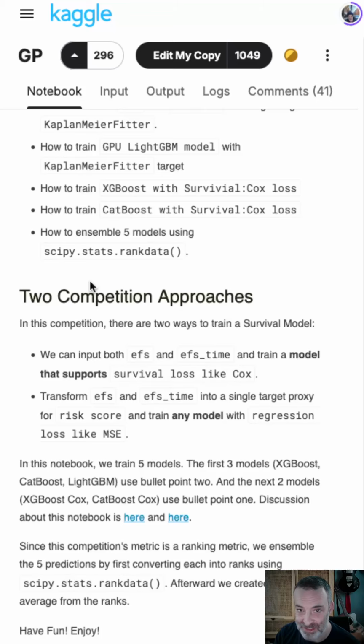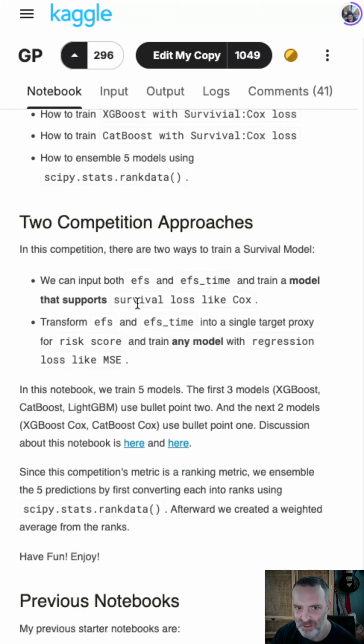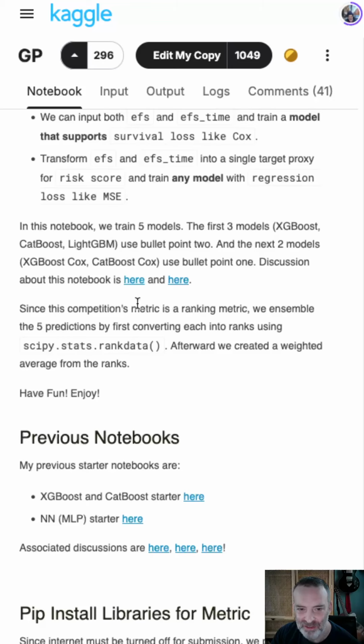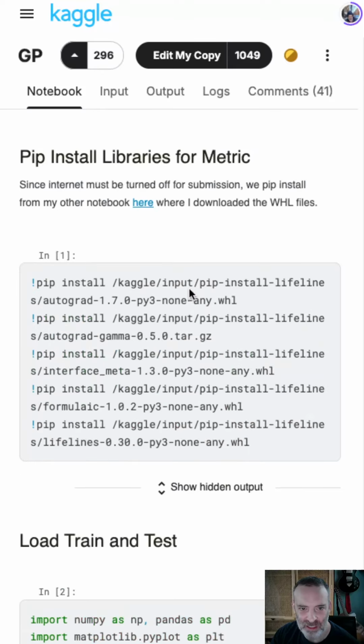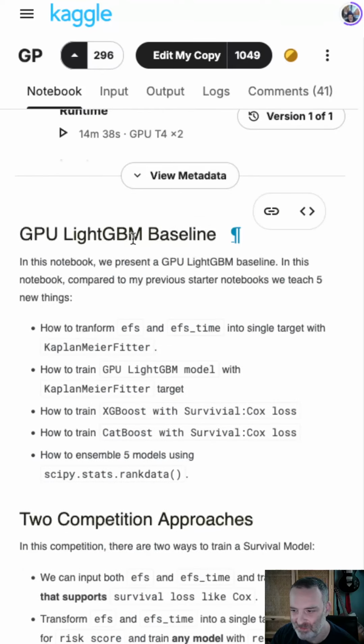If it's 2 months and a 0, the patient did not have an incident, you only know that they hadn't had one by then. Dealing with that type of data took me a good hour to figure out the differences and how to actually approach this problem. Anyway, this notebook is great from Chris.